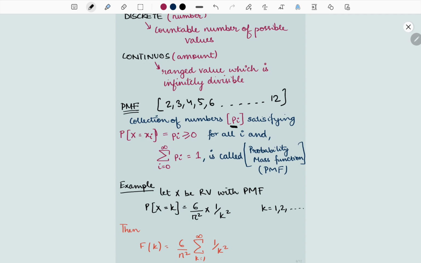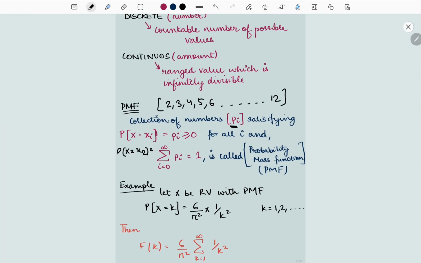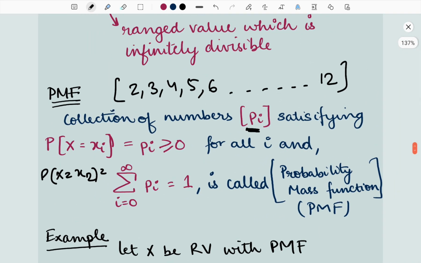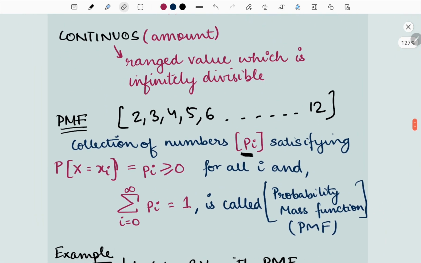For x equal to x2, P(X = x2) will be 1 by 36. I hope you already know what the values of xi are.